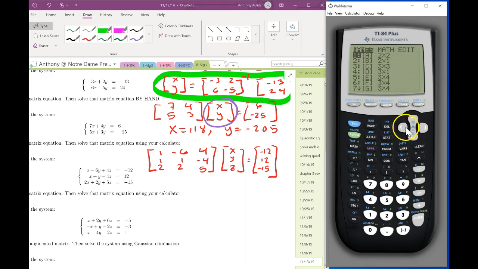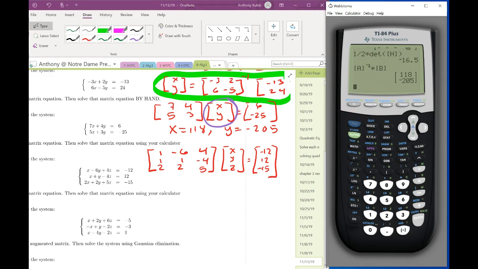So we'll go ahead and enter in our coefficients matrix. I did that before the start of this class. I put that stuff into matrix C, and then I put the solutions matrix into matrix D. Everybody's good with that?